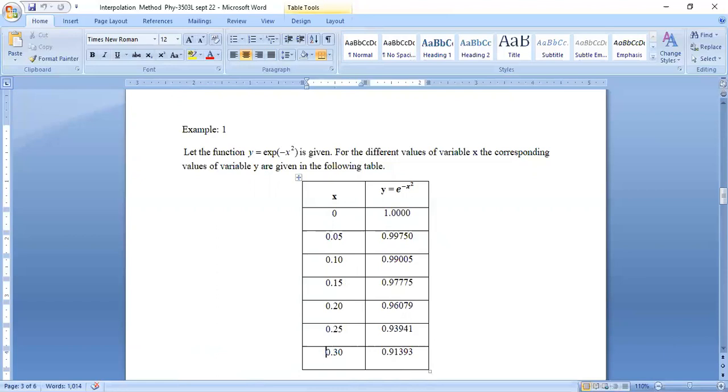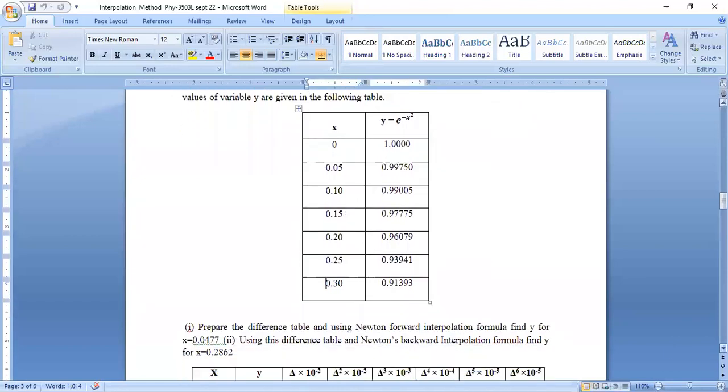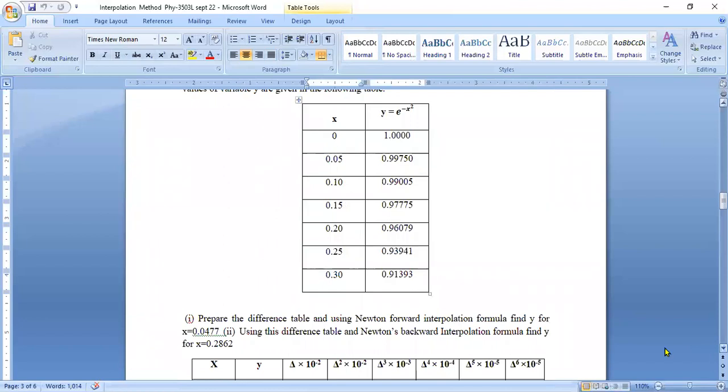Now you have to interpolate. You prepare the difference table, and using Newton's forward interpolation formula, find y for x equal to 0.0477.